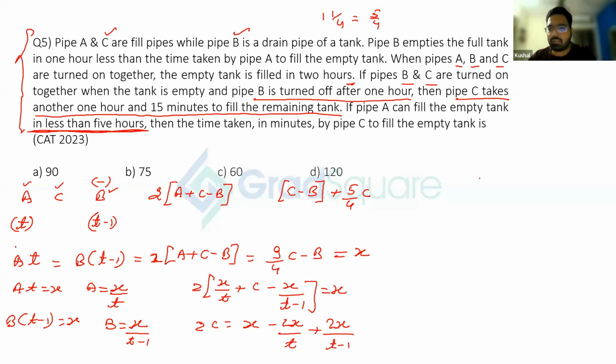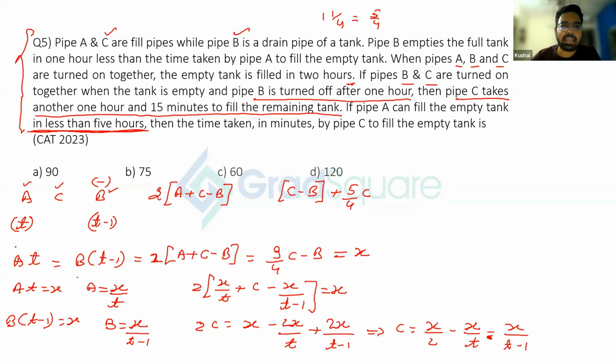Okay. And if I want to remove 2 from everywhere, then what am I going to do? I'm going to say C is equal to, just a second. Yeah. C is equal to x by 2 minus x by t minus x by (t minus 1). That's the value of C also in terms of x and t.